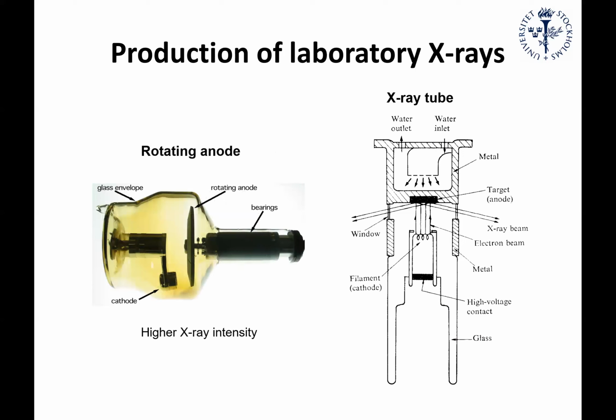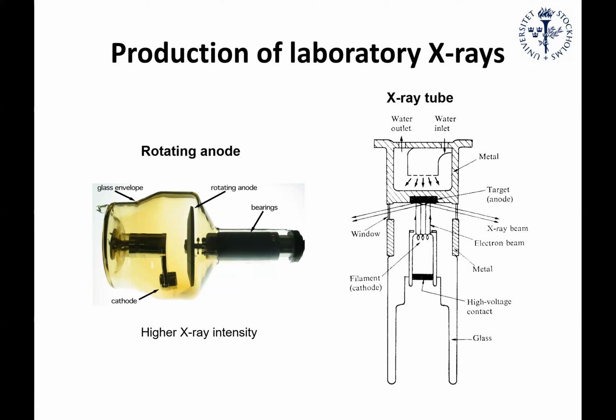Now, if you're lucky, you might have one of these rotating anodes. With the rotating anode, the anode is not stationary, but as the name suggests, it's rotating. Now, why would you want to do that? Well, with a standard X-ray tube where the anode is stationary, you're constantly bombarding that anode with a lot of electrons. This generates a lot of heat.